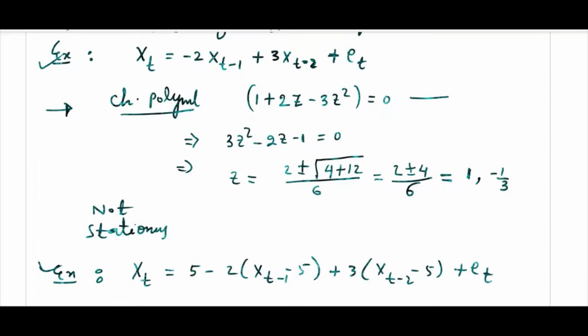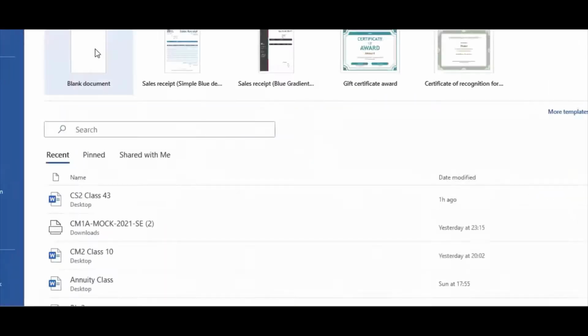Then your equation will be yt is minus 2 yt minus 1 plus 3 yt minus 2. So you just match the coefficients, minus 2 plus 3. They are all matching. So even if you find the characteristic polynomial here, you will get the same roots. Again, if this is not stationary, this is also not stationary. We will not check it separately.